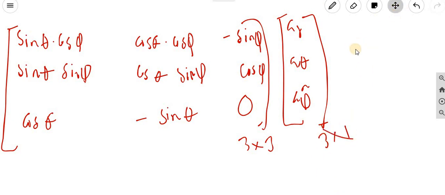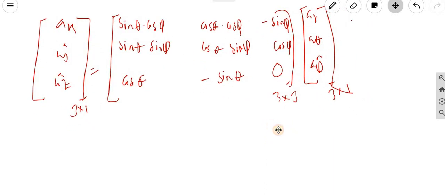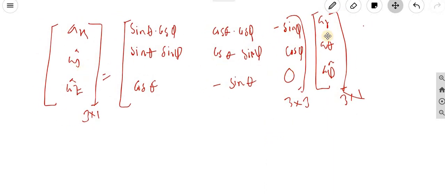Okay. So from that, what we can just get. So if we know these components AR, A theta, A phi, you can get this AX, AY, and AZ.